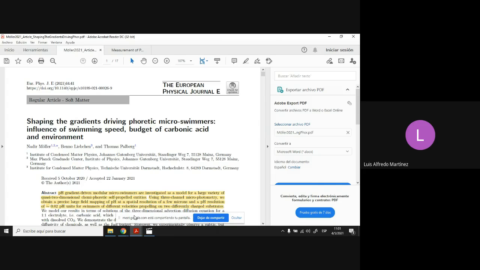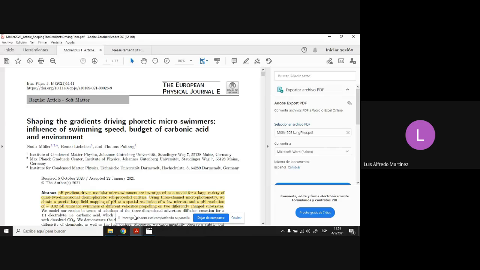My paper of this week is Shaping the gradient driving phoretic micro swimmers: influence of swimming speed, budget of carbonic acid and environment.